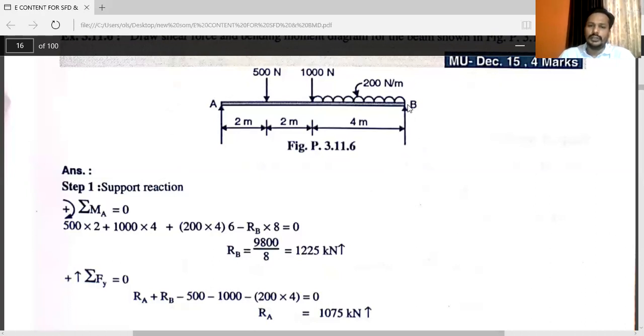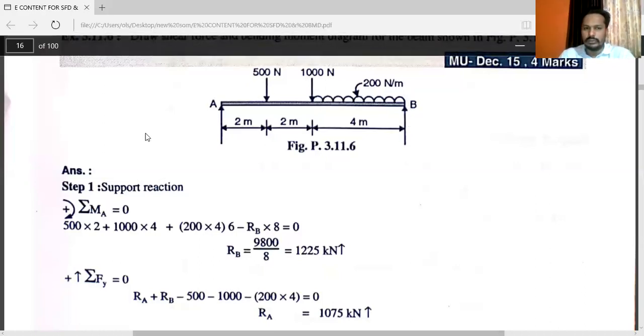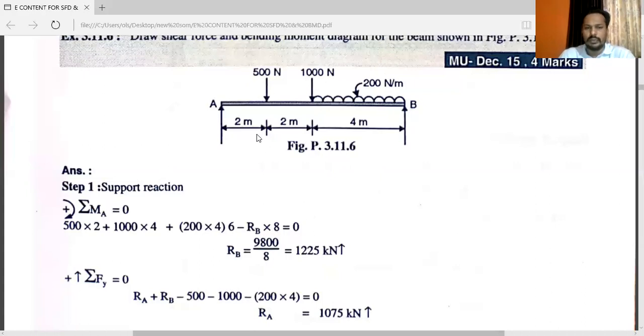This is your B point, and the support reaction RB is moving upward. So it will move in anti-clockwise direction about A. So minus RB into 8. Perpendicular distance is 2 plus 2 plus 4, total perpendicular distance from A to RB, that is 8. So RB into 8 is equal to 0.